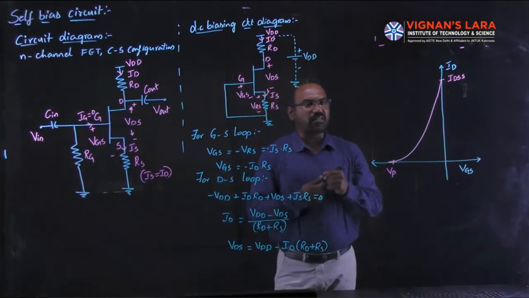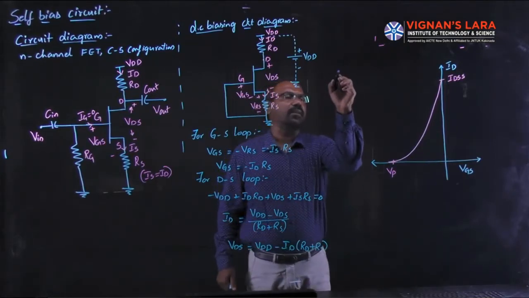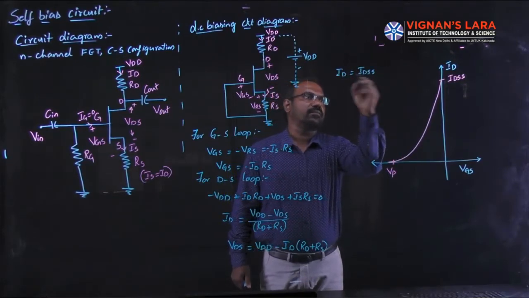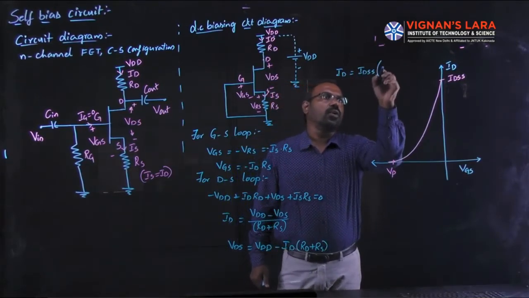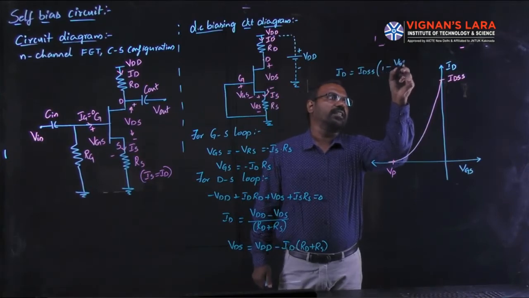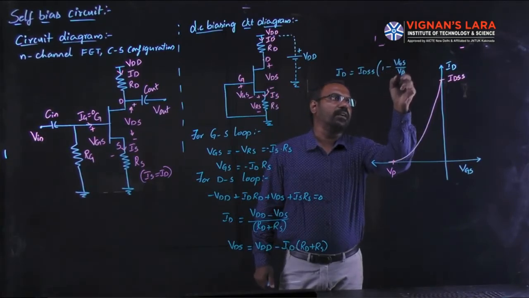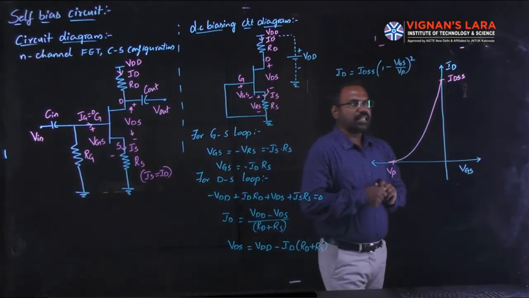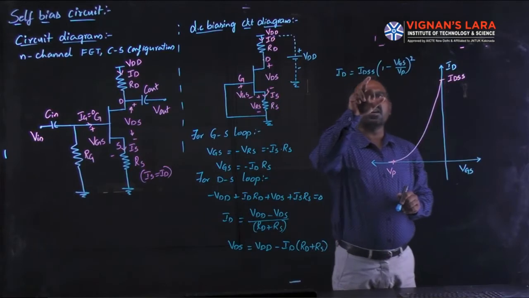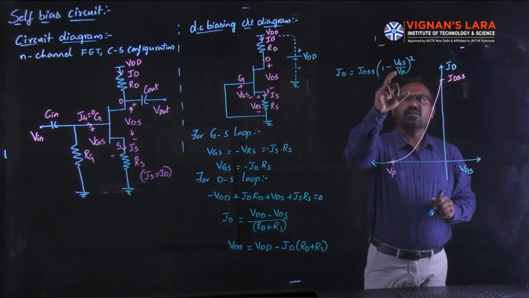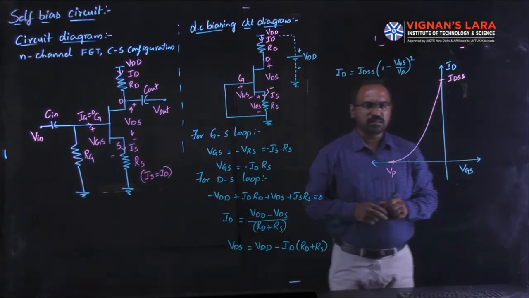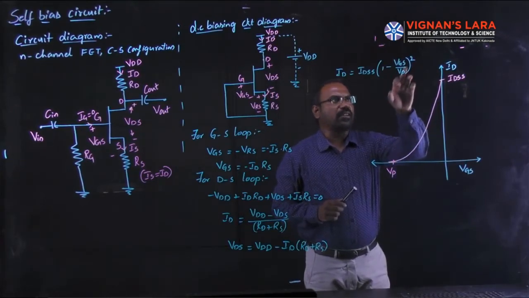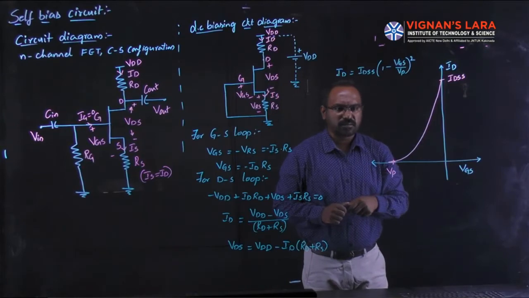What is Shockley equation? The current equation here I am writing: ID is equal to IDSS into 1 minus VGS divided by VP, whole square. Right. Here ID will be equal to IDSS when VGS is equal to 0 volts, right?